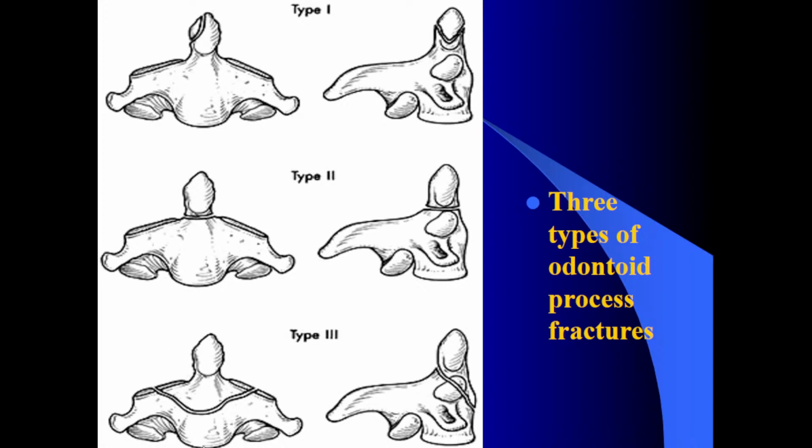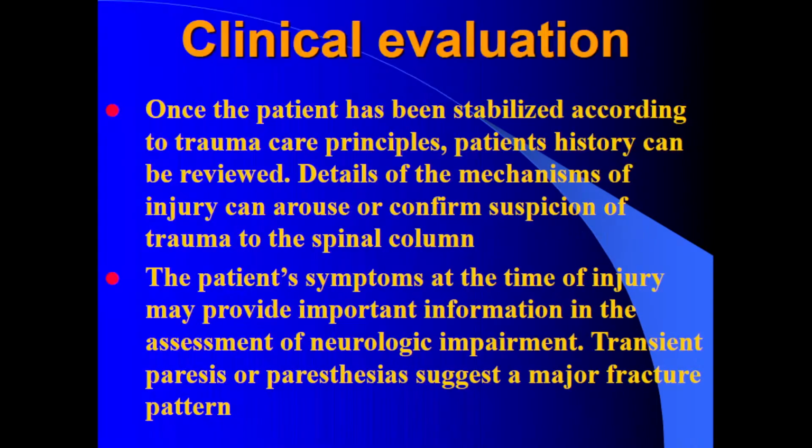In case of type 3, the bone fragment is big enough as well, but usually we have stuck fractures, so the odontoid process becomes stuck together with the body, and in that case we usually don't have severe displacement of the bone fragment. If there is no severe displacement, we will not have compression of the spinal cord.